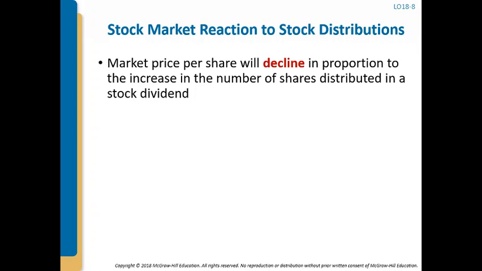Now, as you can imagine, since you now have more shares, if the shares are sold on a stock exchange, the market price per share will decline in proportion to the increase in the number of shares distributed.